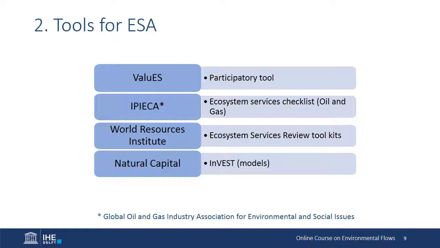Later in the course, you will learn different methodologies to estimate Eflows. In this section, I want to present you some of the tools that are available online free of charge and that are useful to assess ecosystem services and also communicate their importance to different stakeholders.